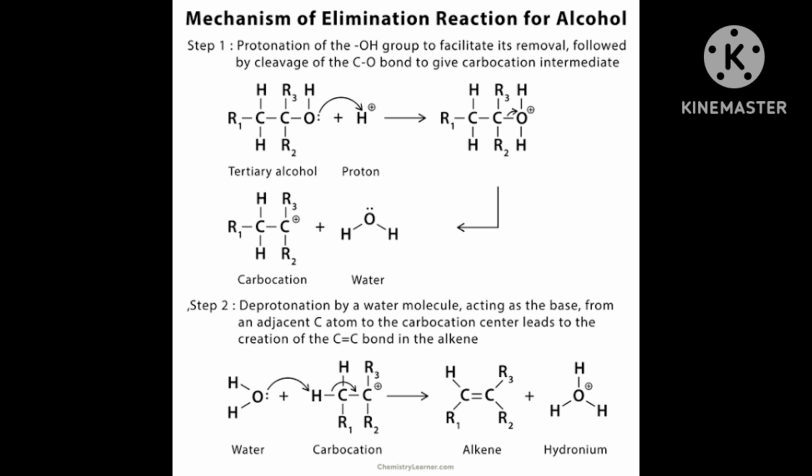Usually one alkene is formed as the major product. If there are 2 beta hydrogen atoms, then out of 2 products, one will be the major product.